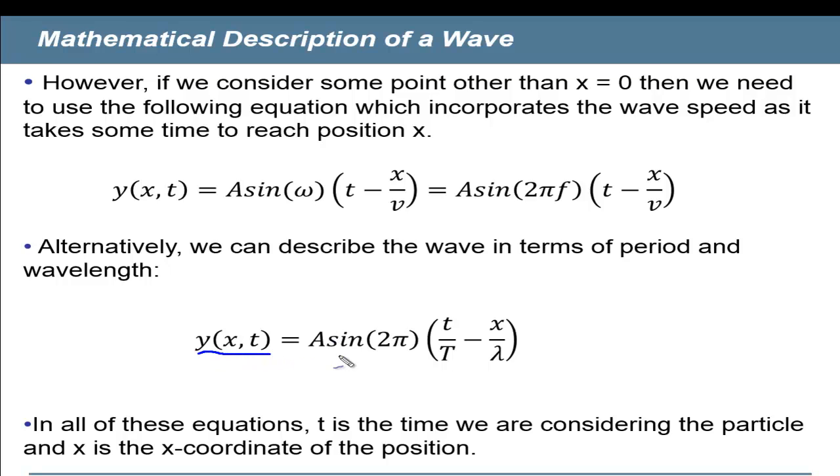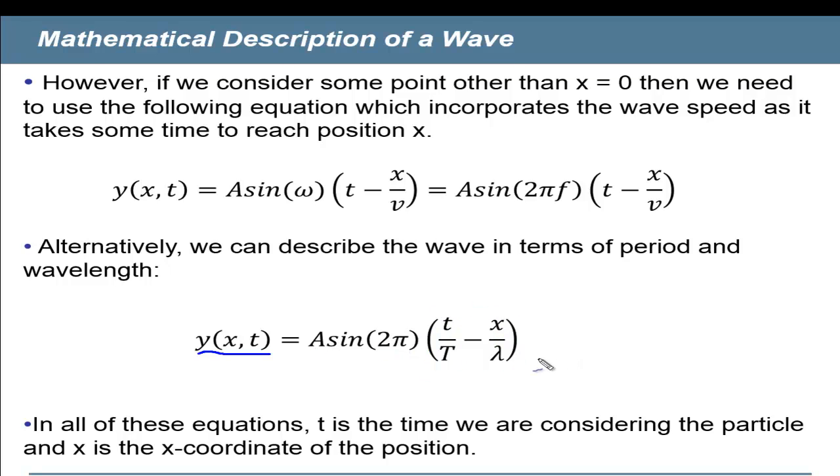Or we could describe the y position in terms of the period and the wavelength. So the y position is equal to the amplitude times the sine of 2 pi, and then the frequency is absorbed into this. So we have the amplitude times the sine of 2 pi times the quantity of the time we're looking at divided by the period, minus the x position over the wavelength.